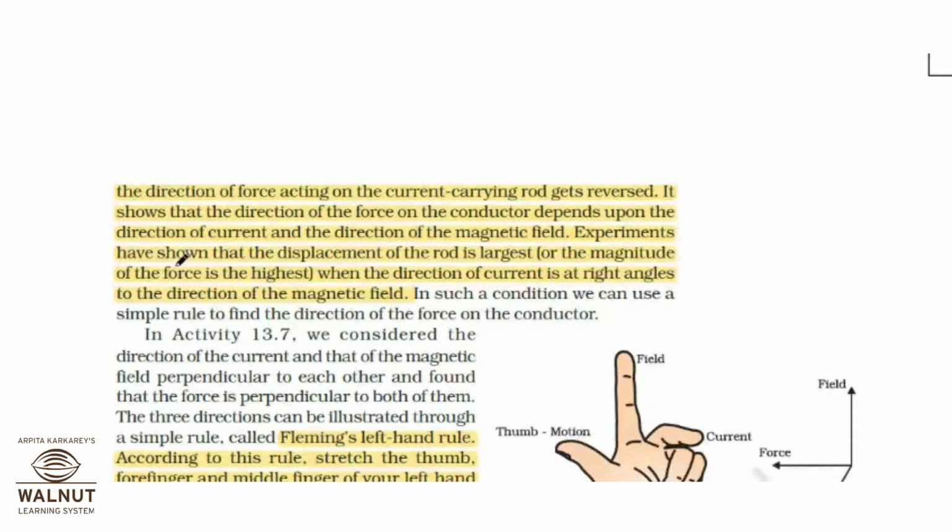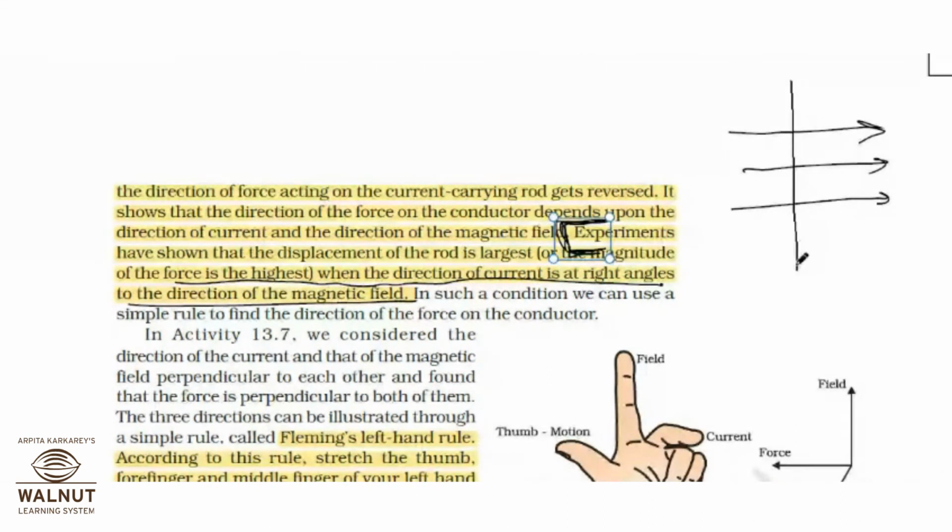Experiments have shown that the displacement of the rod is largest. This is very important. This is the fact that is proved experimentally. The displacement of the rod, or the magnitude of the force, is largest when the direction of current is at right angle to the direction of magnetic field. Suppose this is your magnetic field B, and this is how your current I is going.